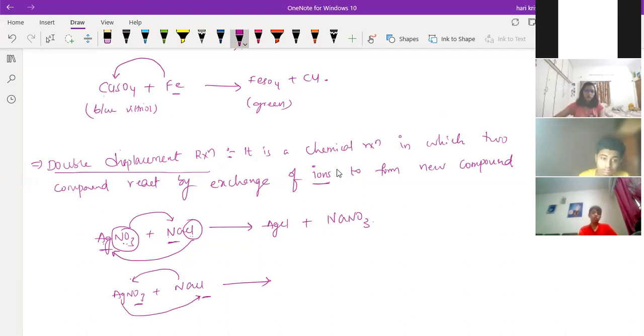Yes, it is a reaction between any two compounds, not between an element and a compound. Before, there was an element and a compound, but here the reaction is between two compounds only, by exchanging ions. It can be a cation or anion exchange. In the first case, I said the anion exchange, but in the second case it is a cation exchange.